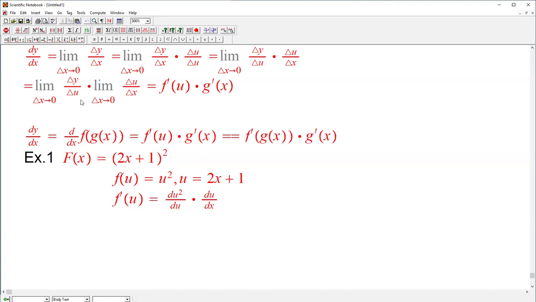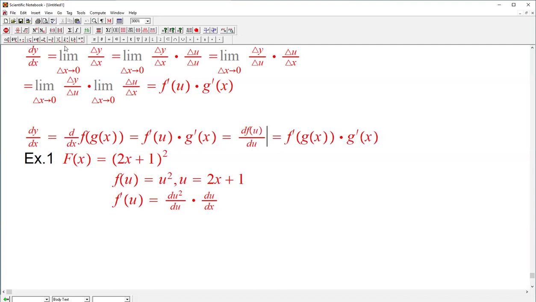I'll put it here, okay? The derivative df with respect to f of u multiplied by the derivative of g of x, lots of substitution, right? But this is with respect to u, and this is with respect to x. du dx.